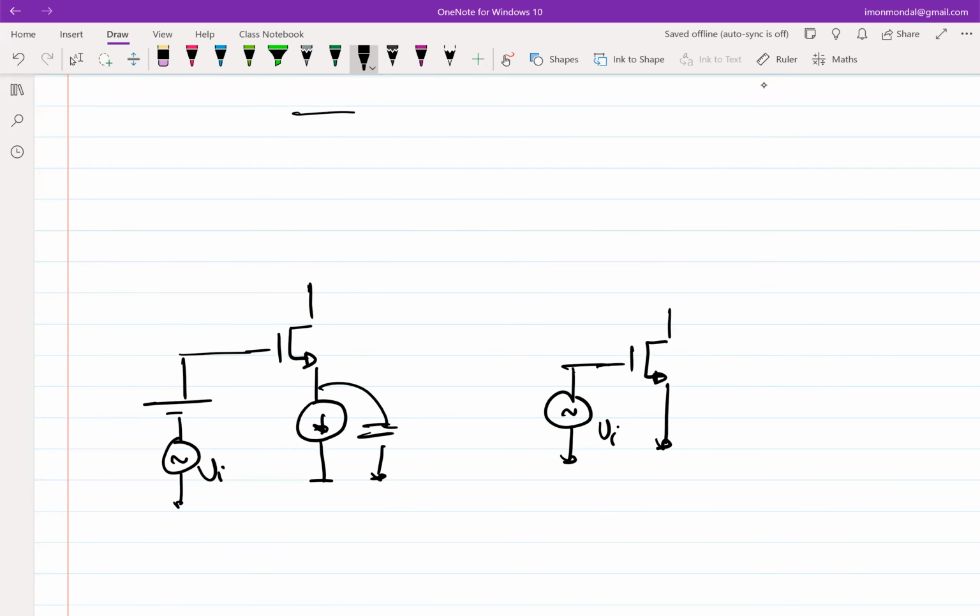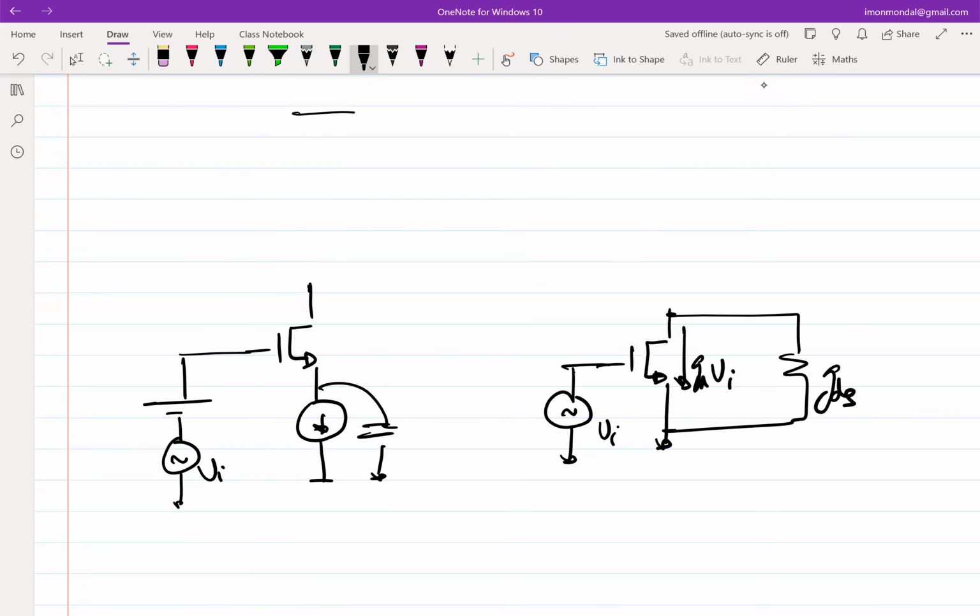Correct? So now the problem that we are facing is, the current, the GM Vi current that is flowing out, flows into its own GDS.